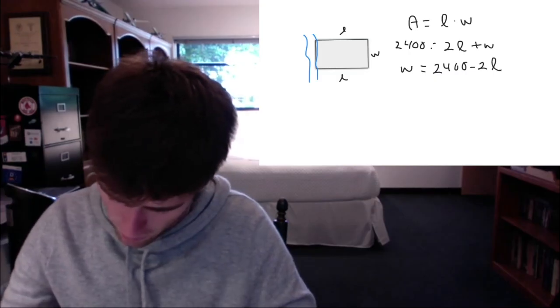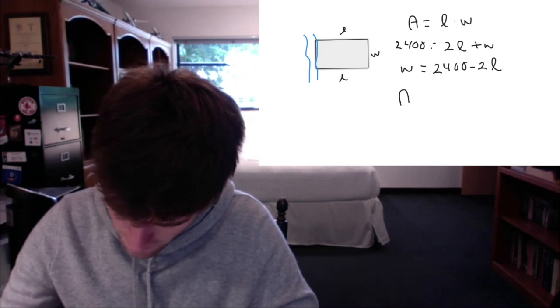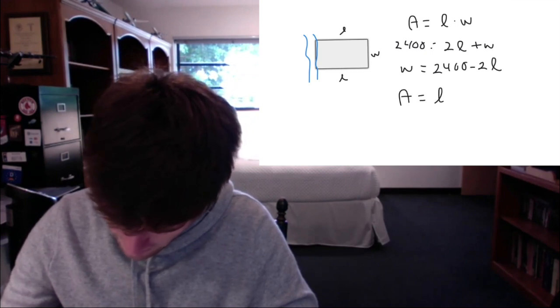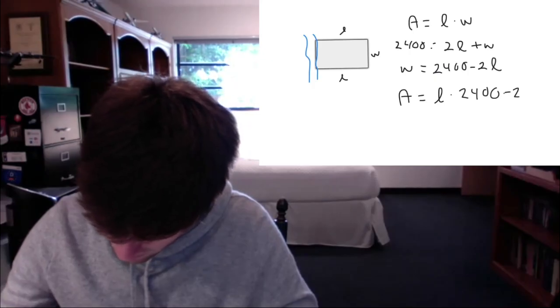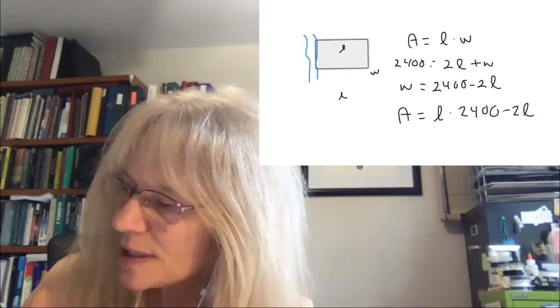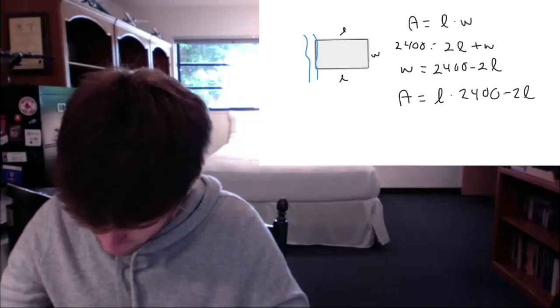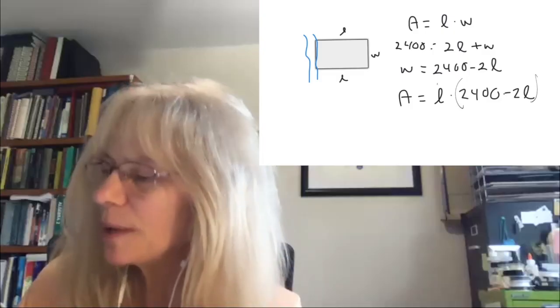And now we can plug this into our original formula, and we're left with area is equal to length times 2,400 minus 2L. And in this case, I'm going to make sure that I put parentheses because all of that is being multiplied by that L.